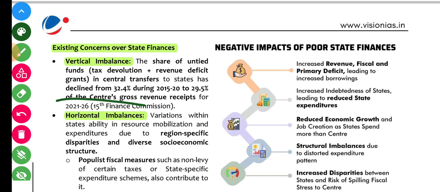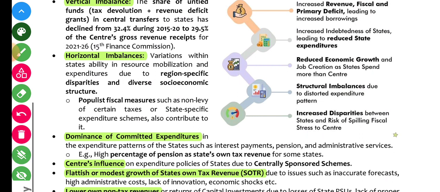Okay, next is horizontal imbalances. First is vertical imbalances, second is horizontal, meaning among the states, like populous states benefited more than low-population states.